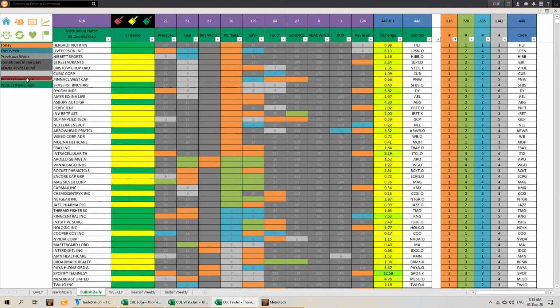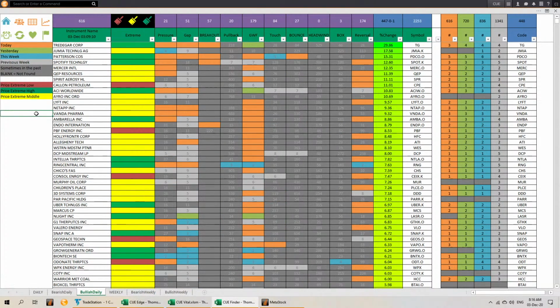By the way, if you look at the legend here, today's signals are shown in orange color. Let me refresh to see the whole legend. Today's signals are shown in orange color, yesterday's signals in green color, beyond yesterday but within this week is blue color, and then light gray for previous week and dark gray for sometimes in the past.